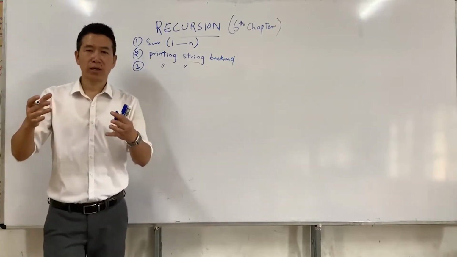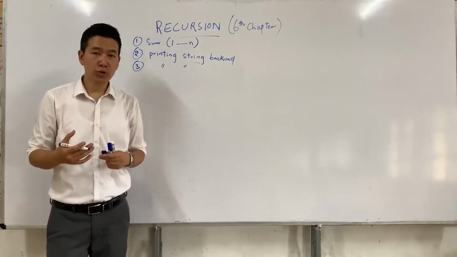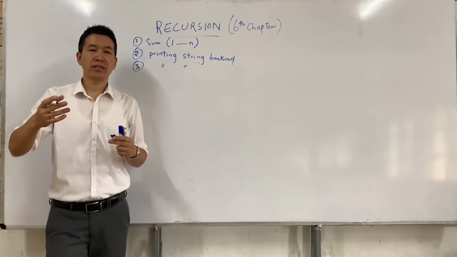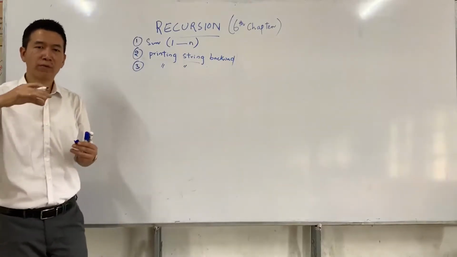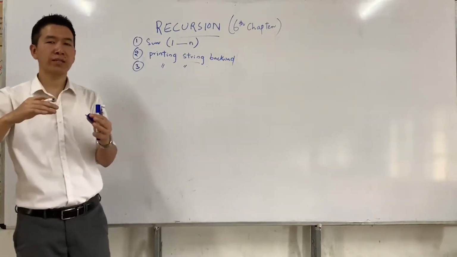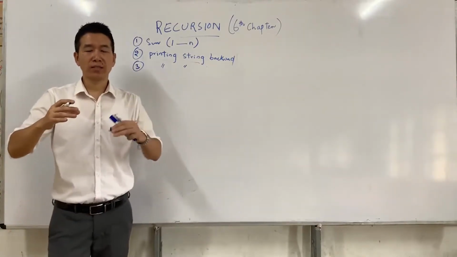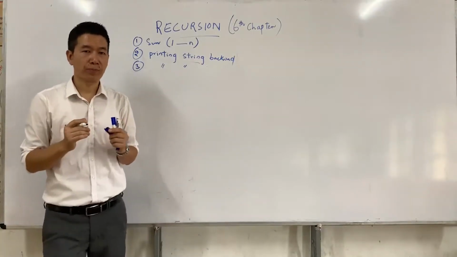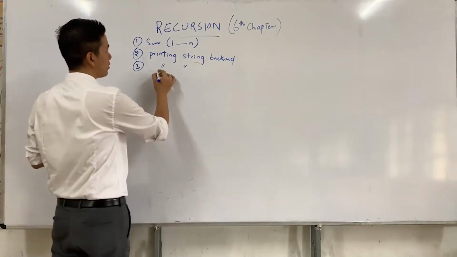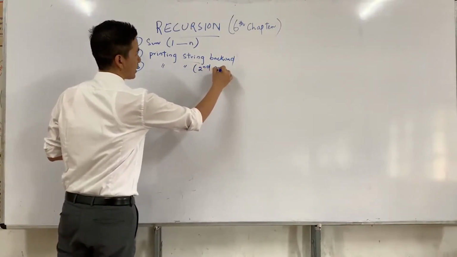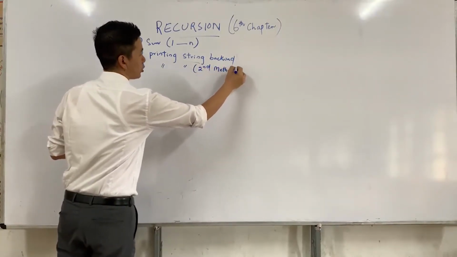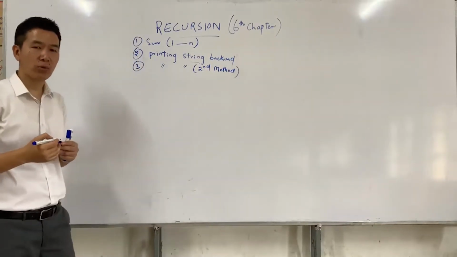It may look as if I'm trying to confuse you, but the idea is not to get confused in the future. The whole idea is to make matters absolutely clear as of now. So I'll be using another method, or perhaps I could write second method, to print the string backward.